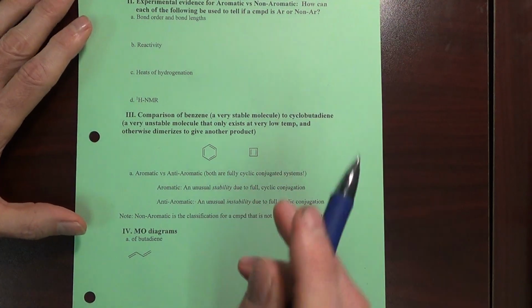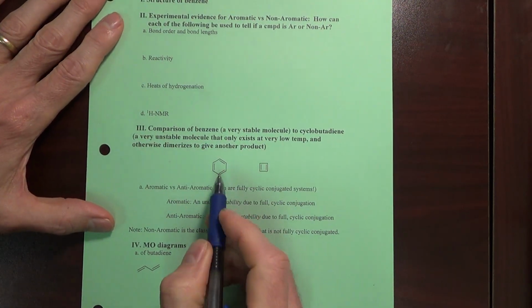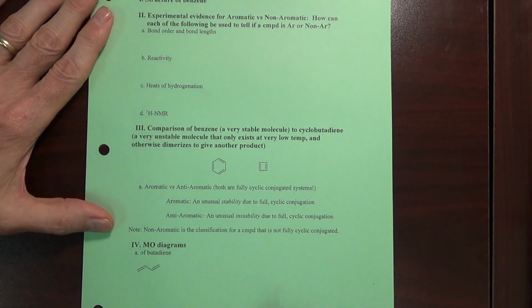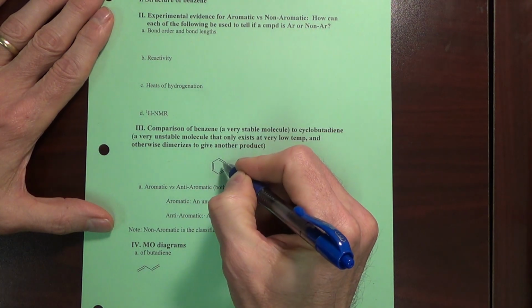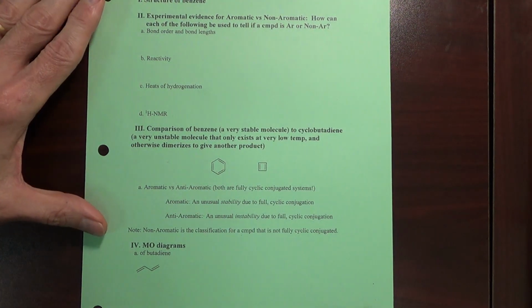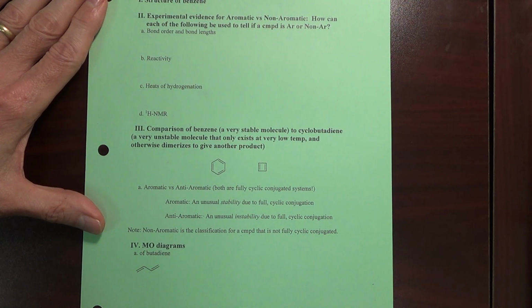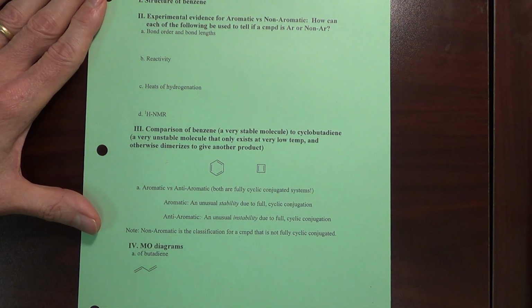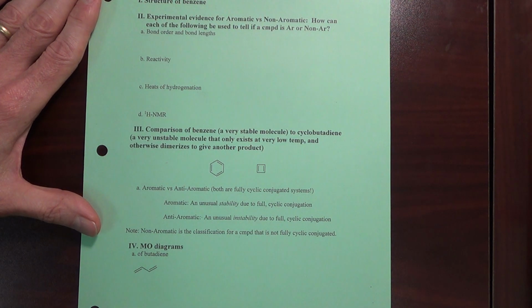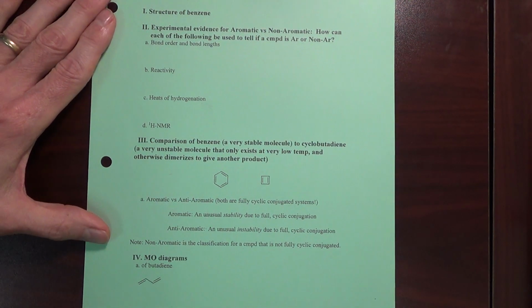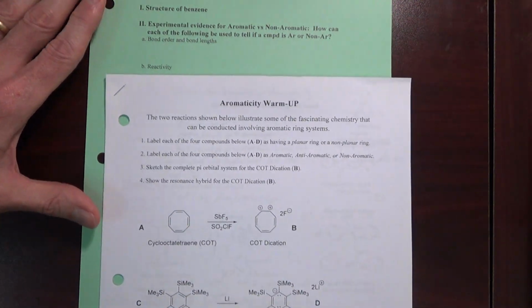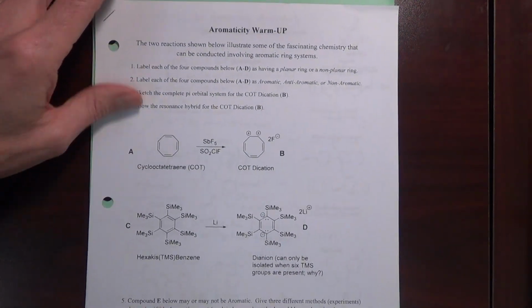We gave a sort of limited definition of aromaticity back then, which involved every atom having a p orbital, if you remember from the functional group list in my Organic 1. But we really haven't talked about the idea of aromaticity to any degree. We'll now do that here in Organic 2.